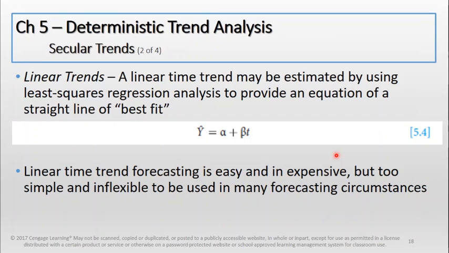So a linear trend may be estimated by using your least squares regression analysis to provide an equation of a straight line of best fit. So if you can remember, we've already talked about least squares in your previous chapter. So the equation of a linear time trend is given in this general format.